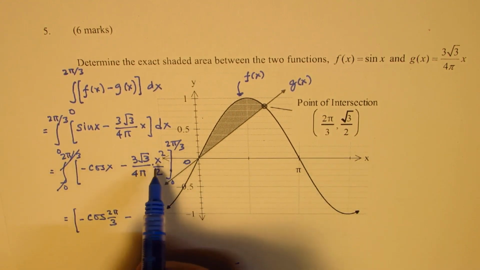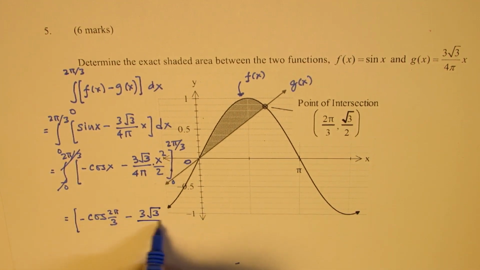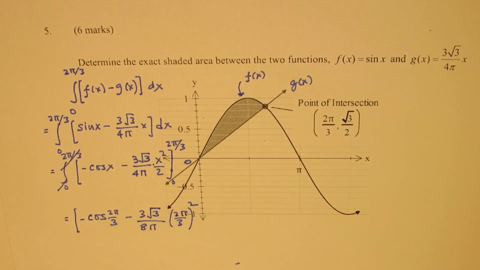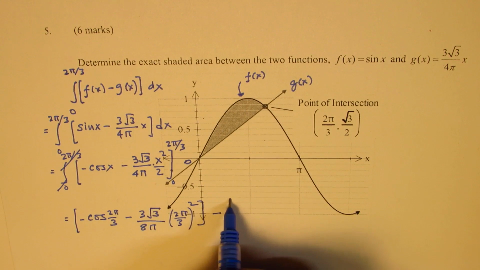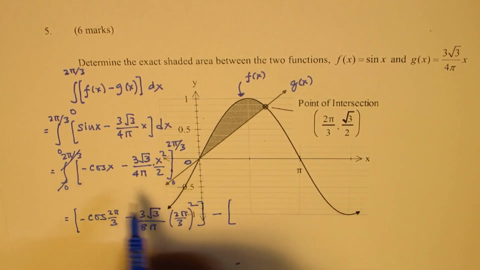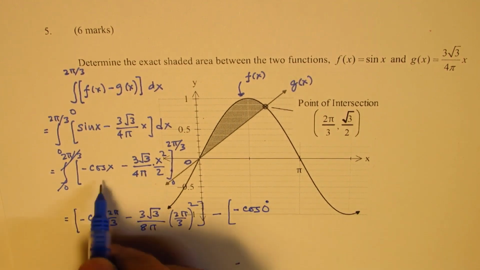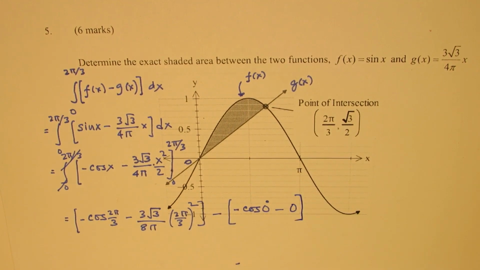We'll write this as 3 square root 3 over 8 pi, times x squared, which is 2 pi by 3 whole squared. Clear? So that is this value. Minus, now plug in 0 here. When you plug in 0, we get minus cos of 0, minus, and when you plug in 0, you get 0 here. Okay. So that's what you get.